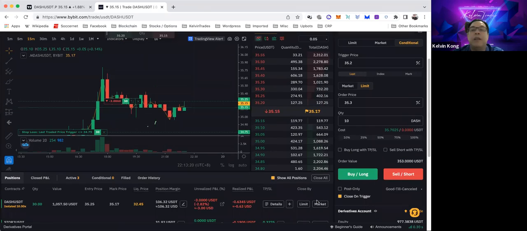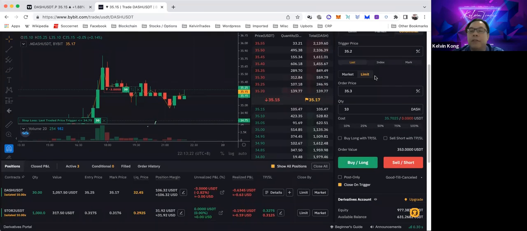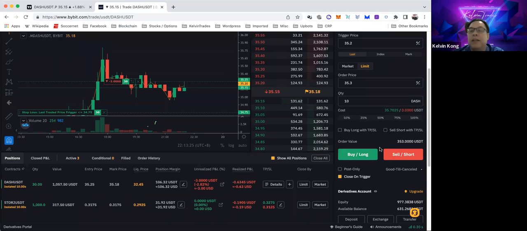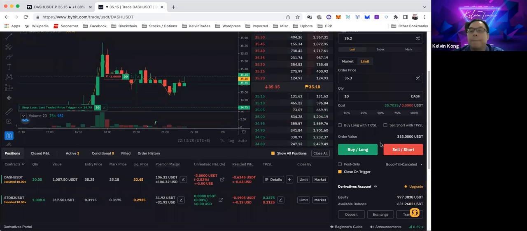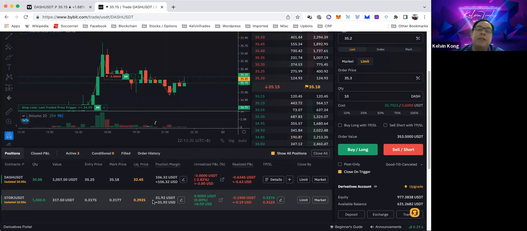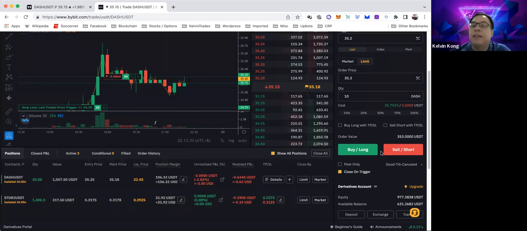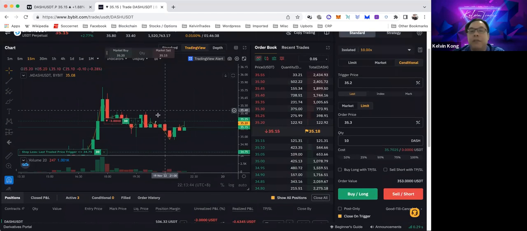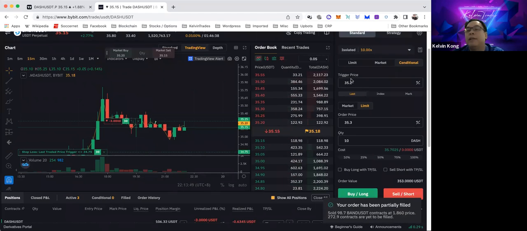On hedge mode, you cannot use conditional order to place your stop loss, because on hedge mode you can only open another, opposite position. Now we don't want to open another position. We want to close this trade if our TP1 is hit.